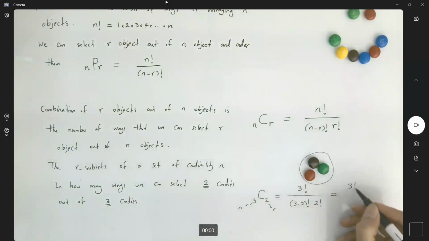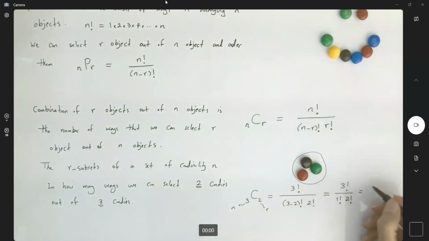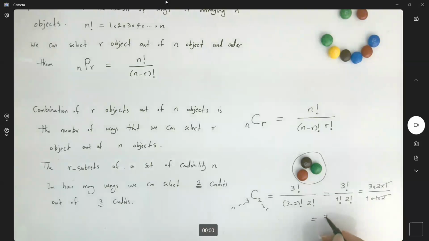You have 3 factorial divided by 1 factorial times 2 factorial, which is nothing but 3 times 2 times 1 over 1 times 1 times 2. We can cancel out common factors. 3 divided by 1 is equal to 3. We have 3 ways of selecting 2 objects out of 3 objects.